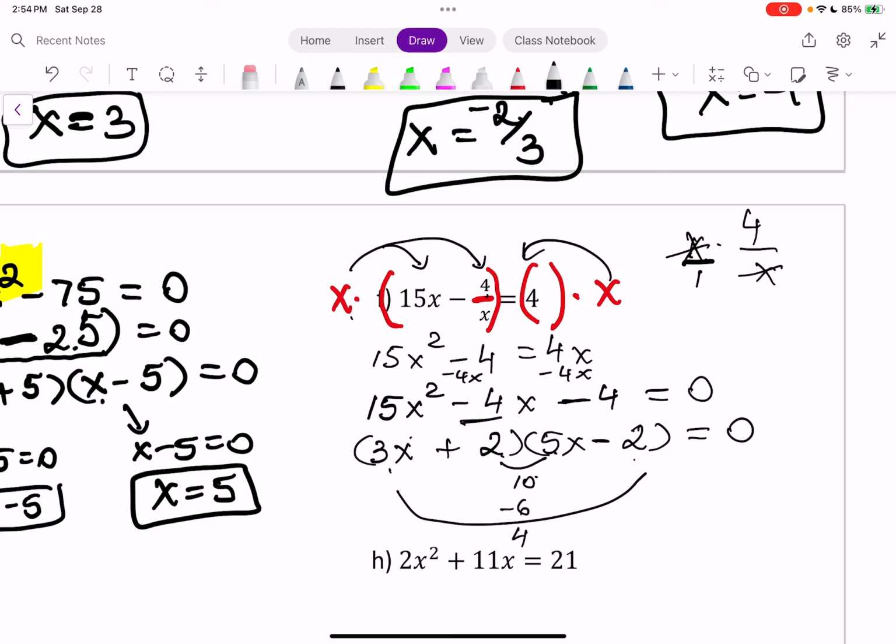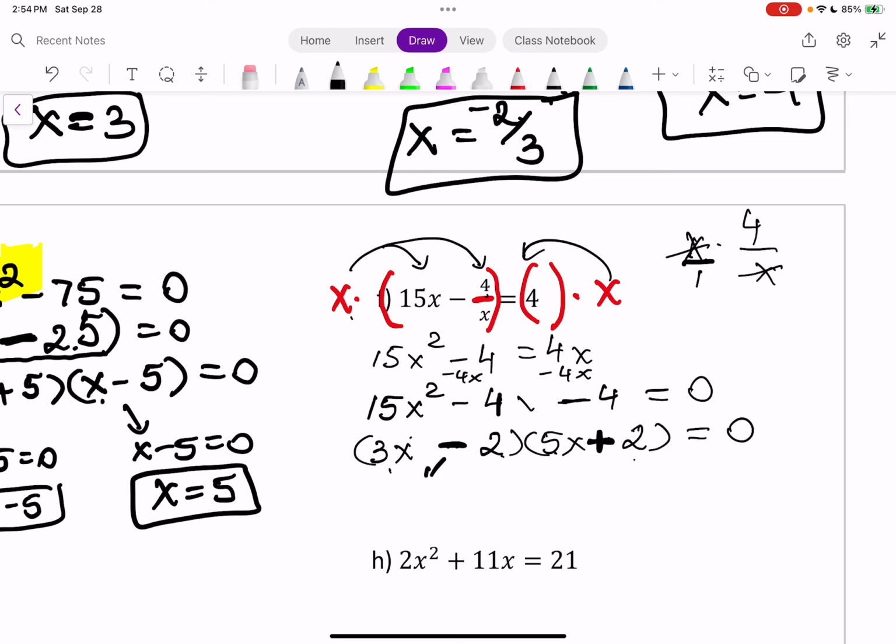Do I have a 4x in the middle? No. I have a negative 4x, which means the numbers are good, the signs are not. So make this a plus and make this a minus. And now if you try, you see how you get a negative 4x in the middle. Okay, so that's what we mean by trial and error. You throw on some factorization.